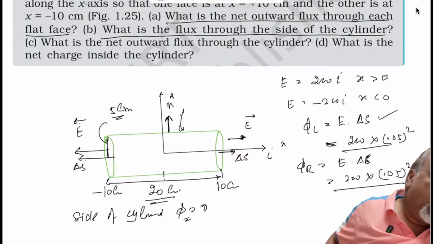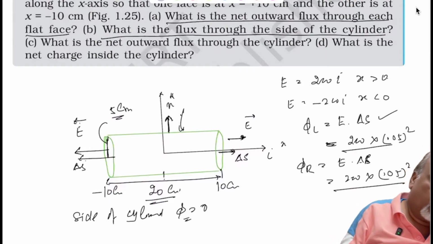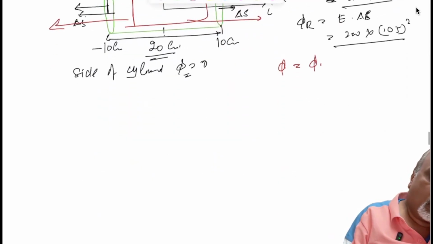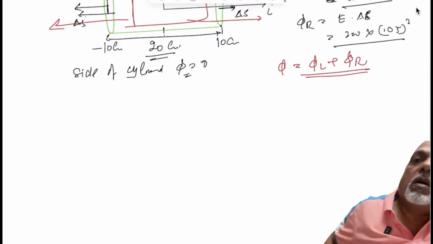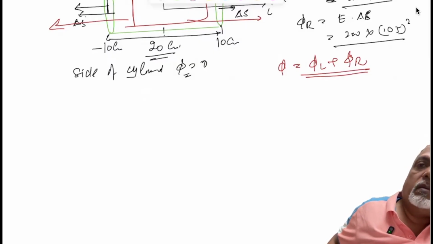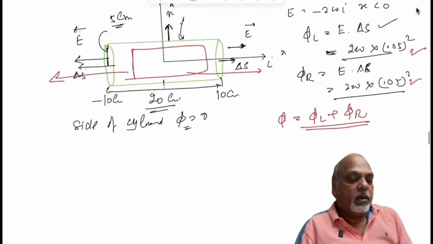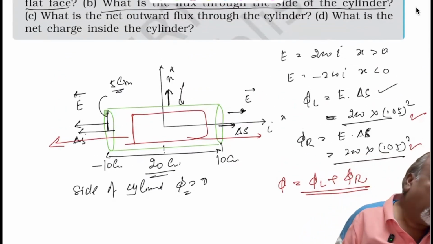Correct. What is the net outward flux through the cylinder? You just sum up these two, left and right. This will become the net outward flux. The two fluxes simply add up. Correct. What is the net charge inside?